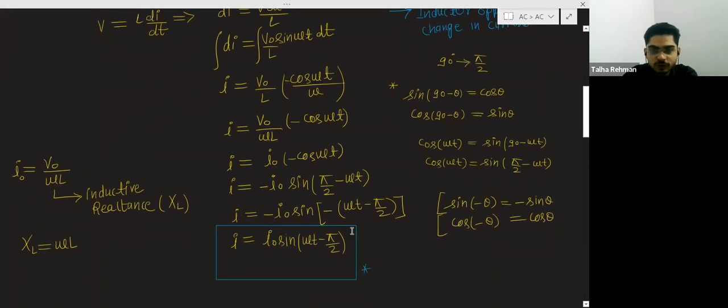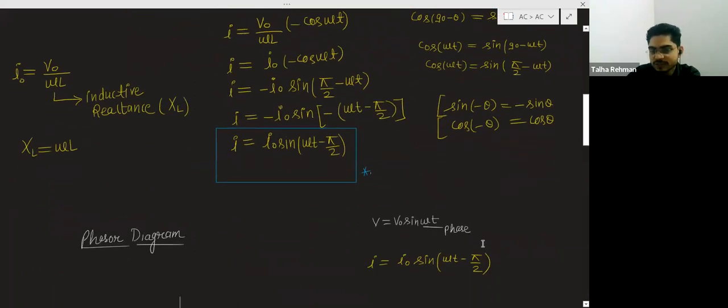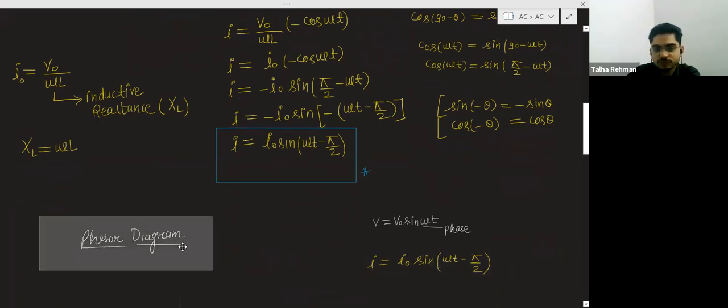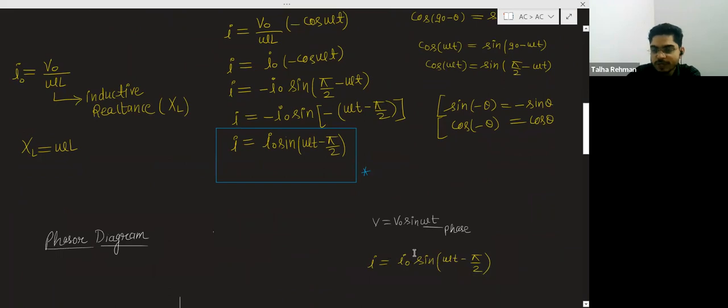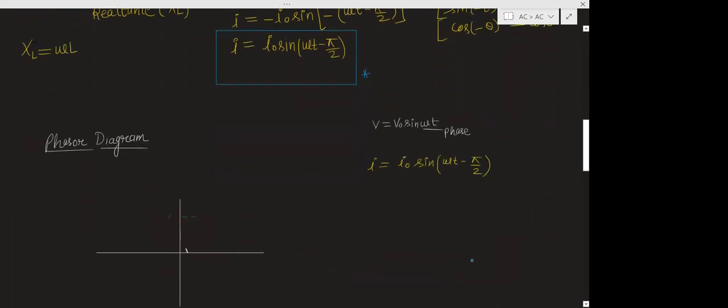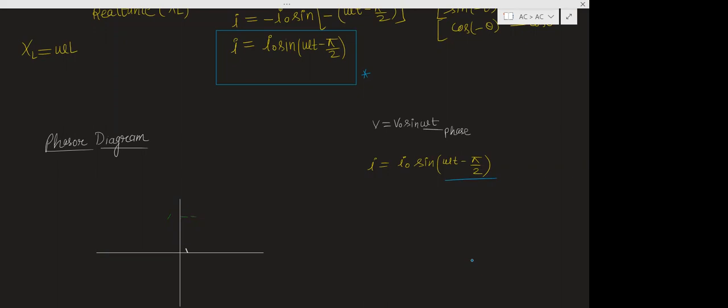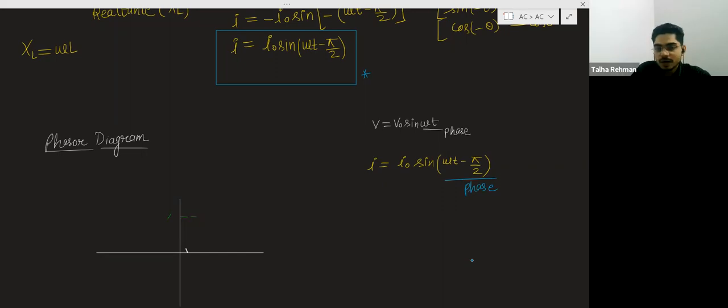Now the equation of the voltage is different from the current. The equation of the voltage was this, and the equation of current is this. So we will draw the phasor diagram of both. And what is this omega t minus pi by 2 representing? It is representing the phase. And phi was the phase difference.